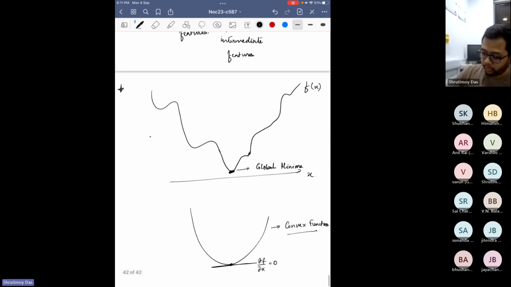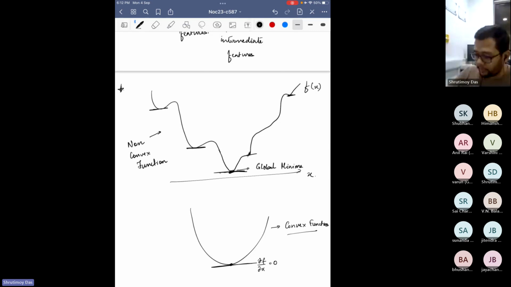However, this is a non-convex function. In non-convex functions, as you can see, the derivative is zero at this point. However, it is also zero at this point, and it is also zero at this point, and I think these points.